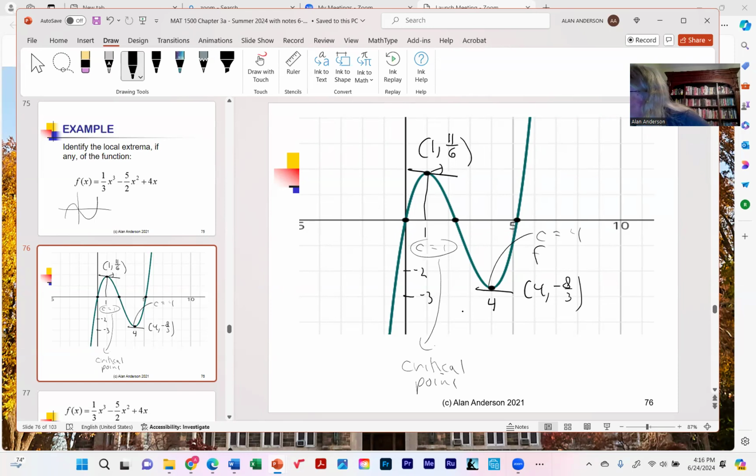The first derivative of this function at 4 equals 0. And the same thing can be said over here. F prime of 1 is equal to 0. And then you can visually see by looking at the graph that this is a local minimum. But there's more formal ways we can do this.